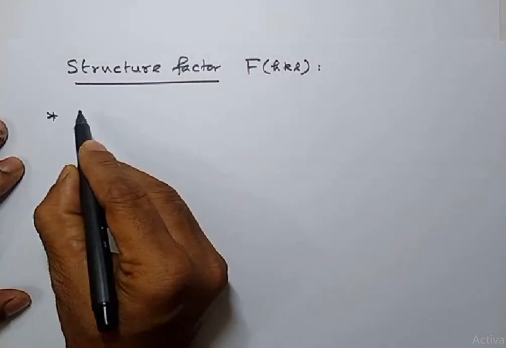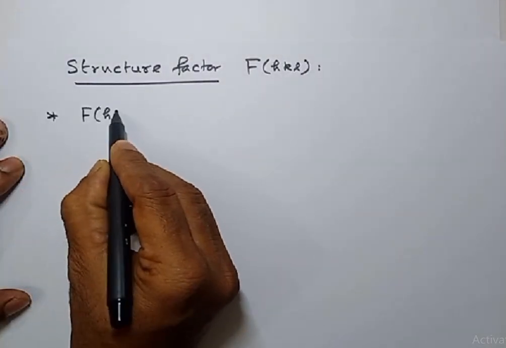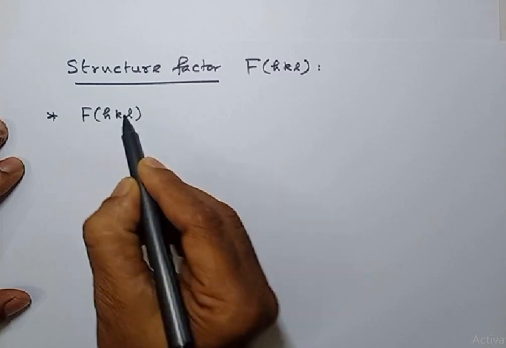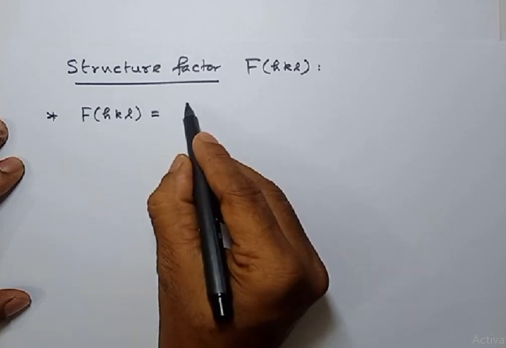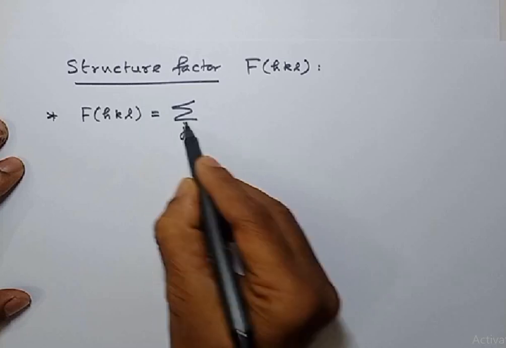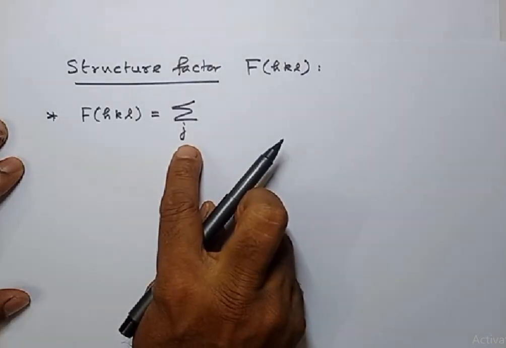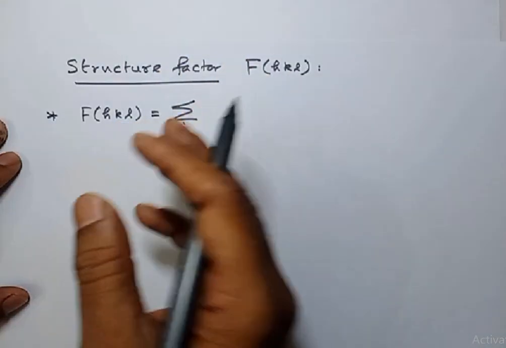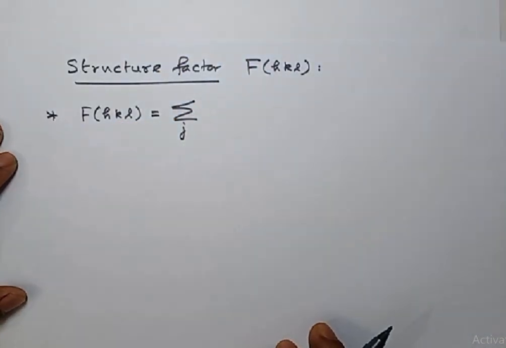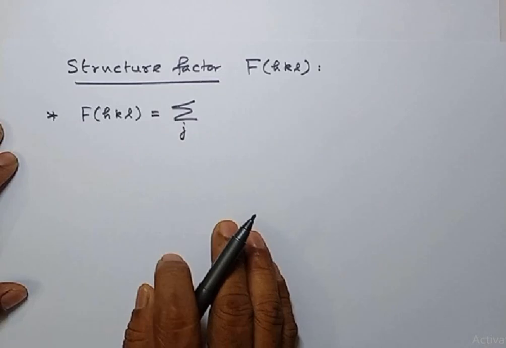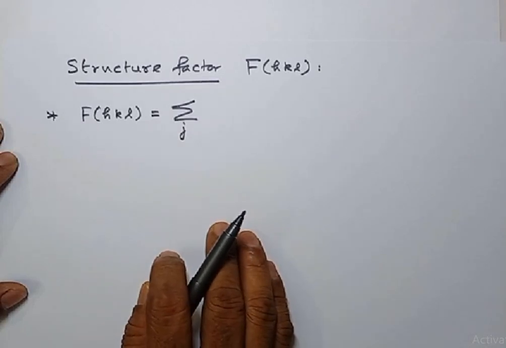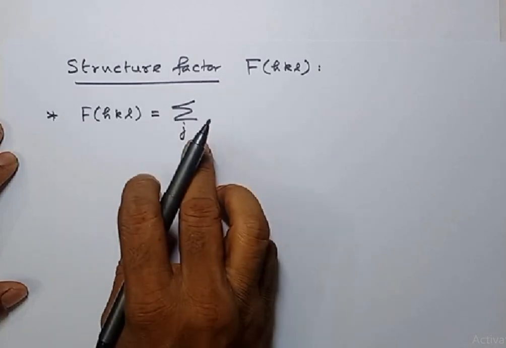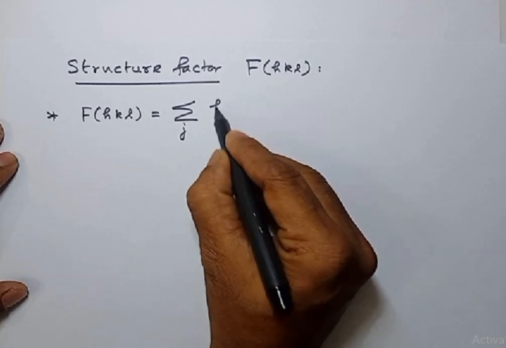Try to remember. The structure factor for a particular HKL plane is equal to the summation over j, where j goes from 1 to many numbers. It depends on the position values. We'll discuss that, I'll discuss one by one. Sum over j of f_j.